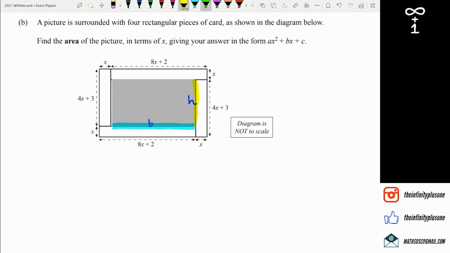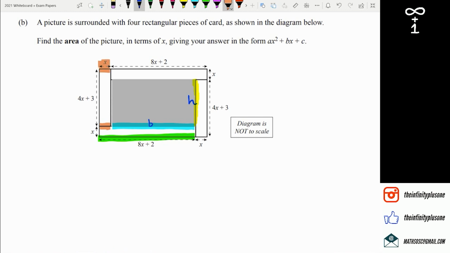Now what we do know is if we take this 8x plus 2, which is the green part right here, and then we subtract the orange part, we're going to end up with the base, the lowercase b. Now the orange part is the same thing as this measurement right here.